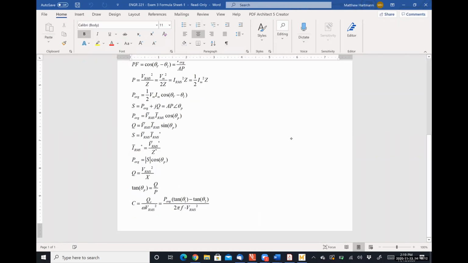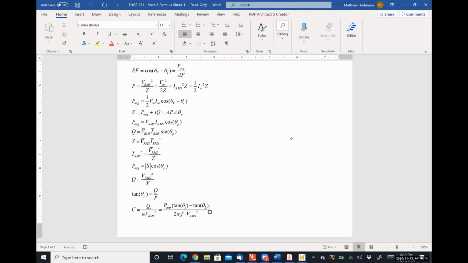So way down here at the bottom, all right, there it is. So Q_C is omega times V RMS squared, or it's the average power multiplied by the difference of the tangents of the angles. I literally never use that one. I think I might have used it on the video thing, but this first one is the one I'm much more familiar with.